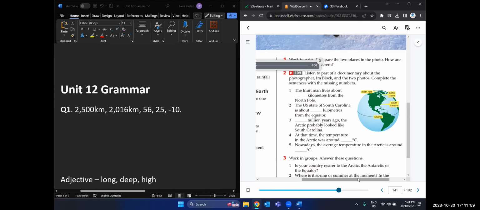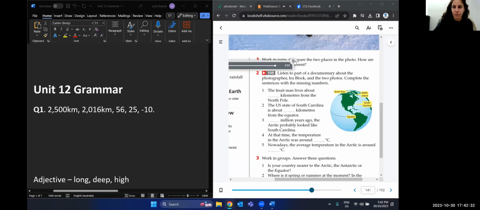Ira took this second photo in the US state of South Carolina, which is about 2,500 kilometers from the equator. Ira took the two photos because about 56 million years ago, the Arctic probably looked like South Carolina today. At that time, the temperature in the Arctic was around 25 degrees Celsius. Nowadays, the average temperature in the Arctic is around -10 degrees.